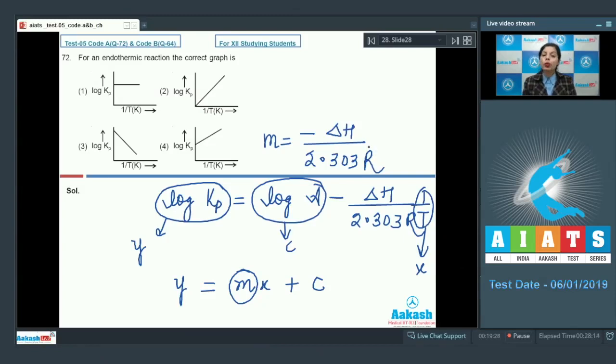This negative slope is only given in option 3. You can clearly see here, log Kp is plotted with 1 by T, and you are getting this graph where this is the intercept and the slope is minus delta H by 2.303 R. Negative slope is given here, and this is the correct answer for this particular question.